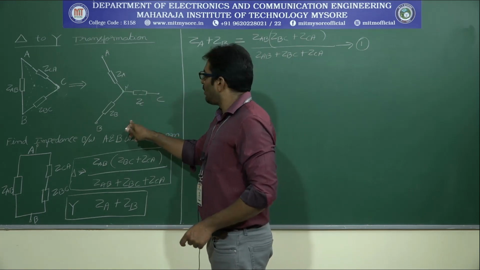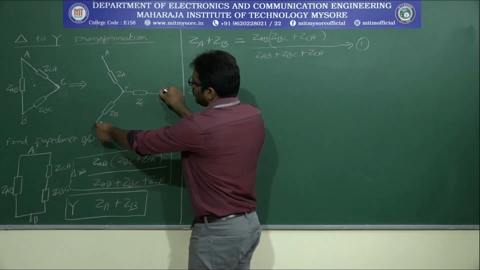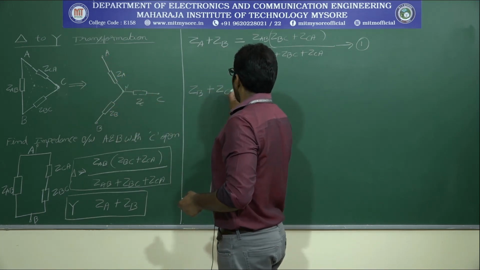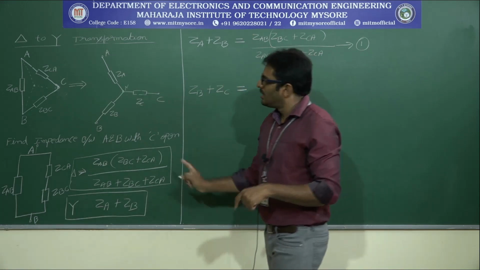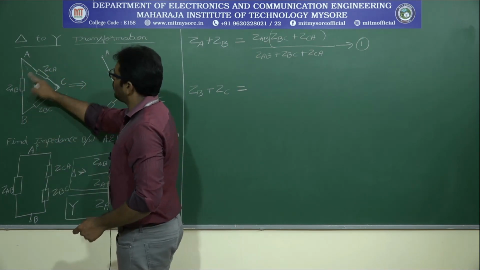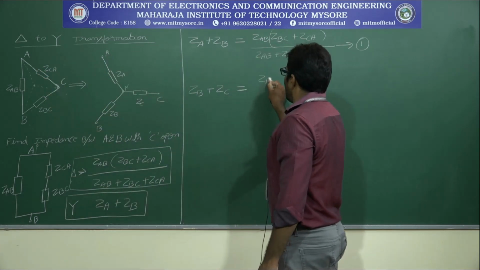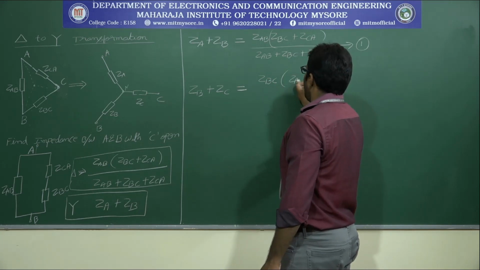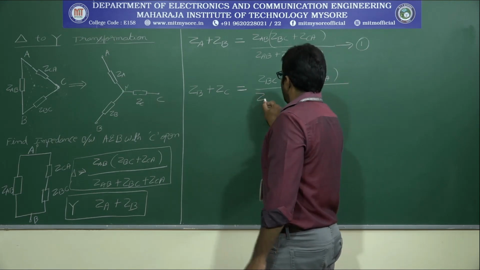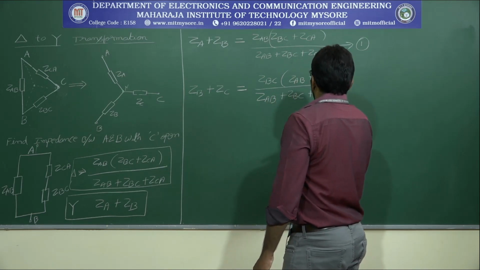So, what is the next case? ZB plus ZC, because impedance is measured between these two terminals with A open, so ZB and ZC are in series, is equal to ZBC into (ZAB plus ZCA), close the bracket, with the same denominator ZAB plus ZBC plus ZCA.